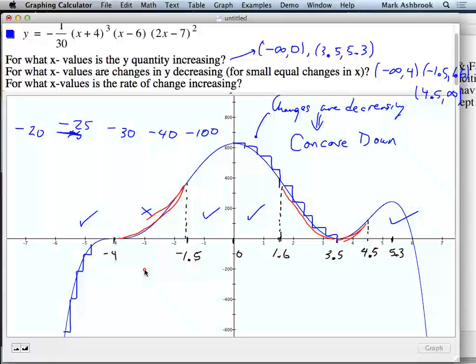Okay, in your book, look at page 195, number 5.